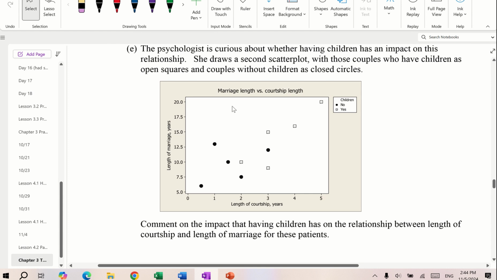Okay, so part E. The psychologist is curious about whether having children has an impact on this relationship. She draws a second scatter plot with those couples who have children as open squares and couples without children as closed squares. They want you to comment on the impact that having children has on the relationship between the length of courtship and the length of marriage.